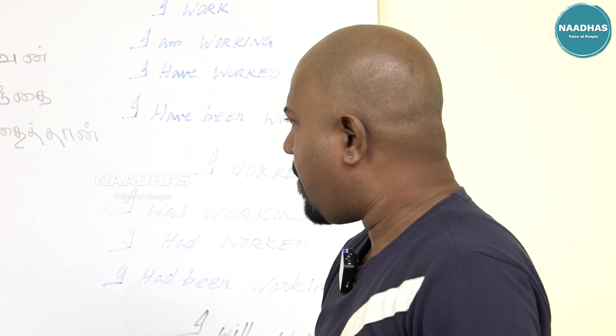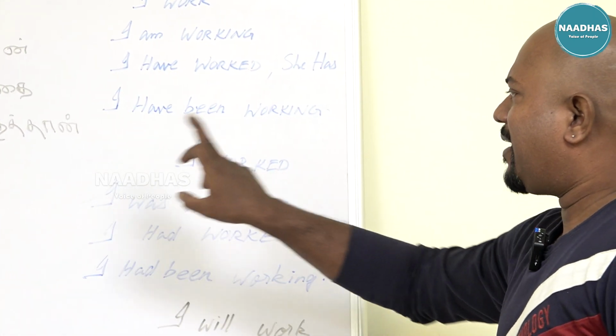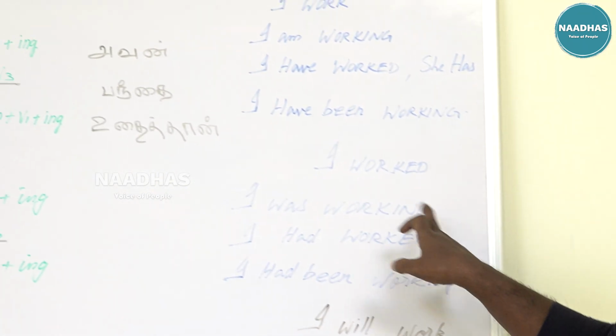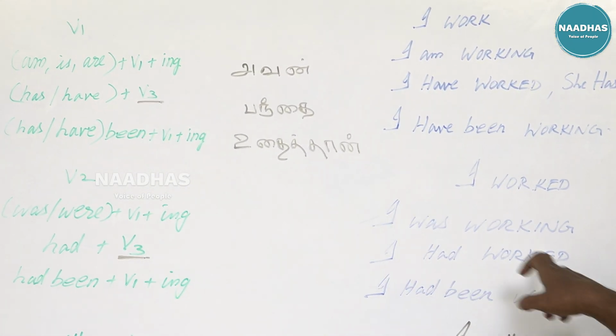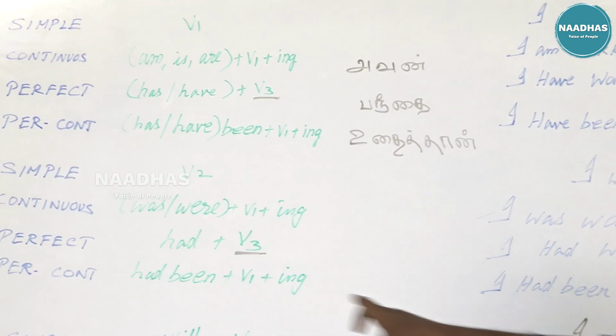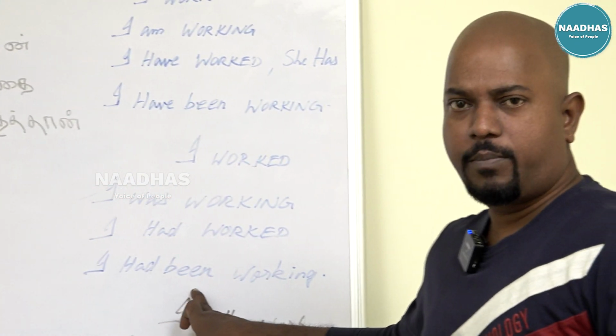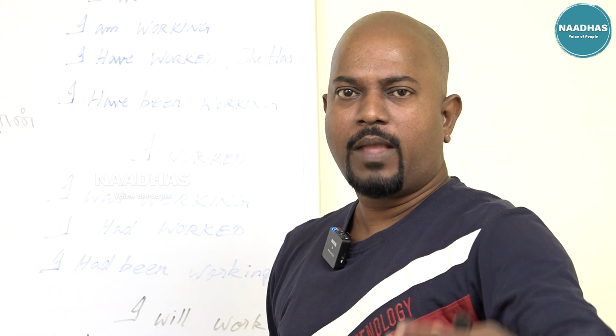Fine. So when you focus on the past, the simple past is I worked, the continuous is I was working, the perfect tense is I had worked, and the past perfect continuous is I had been working. While speaking, we will not pronounce this as been, I had been.